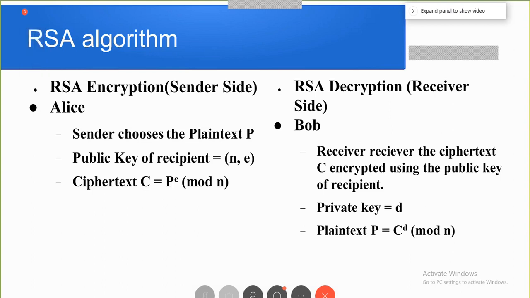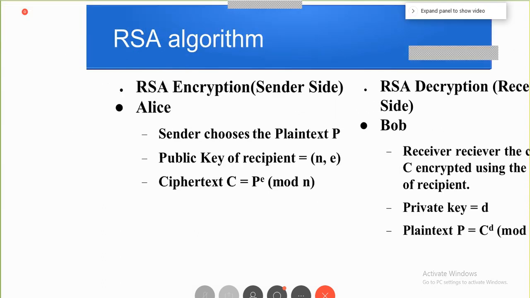Then the private key available to Bob is d. So he decrypts C using d as p equal to c raised to d mod n. This is modular arithmetic. We have seen all this modular arithmetic in the first module.